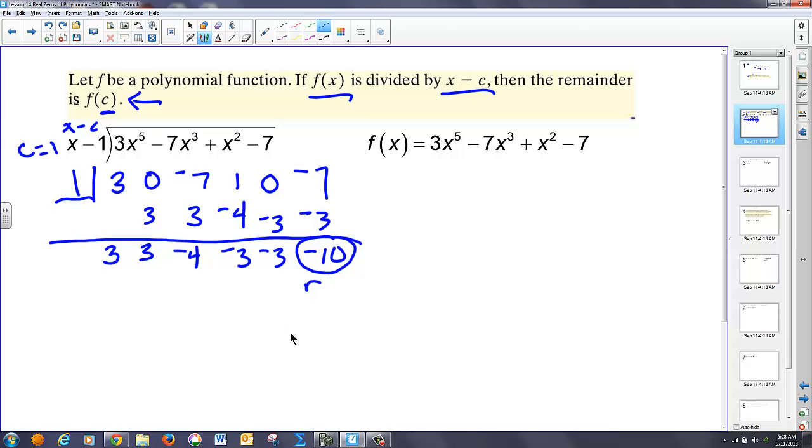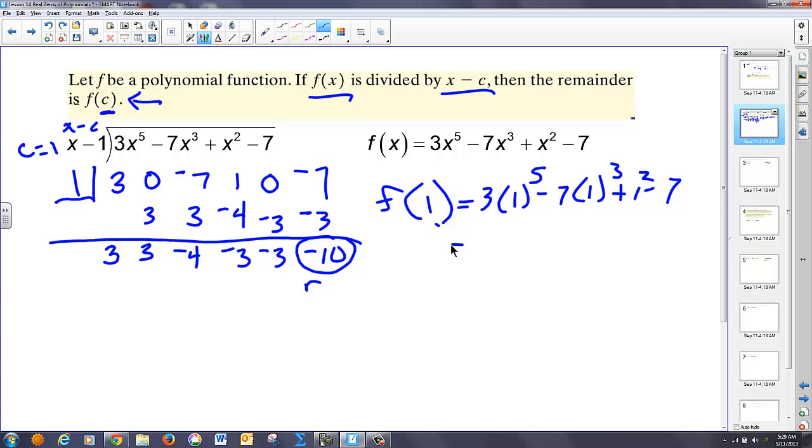Now what I'm saying is that if I were to find f of 1, I should get out my remainder of -10. Well, let's go and do that. I take and plug 1 into this function, so that's 3 times 1 to the 5th minus 7 times 1 to the 3rd plus 1 squared minus 7.